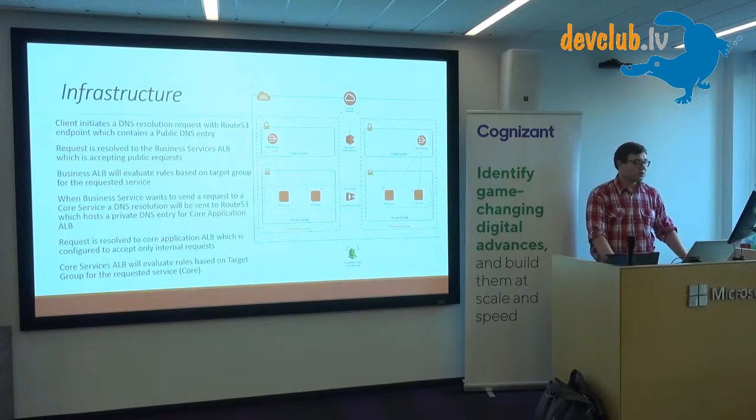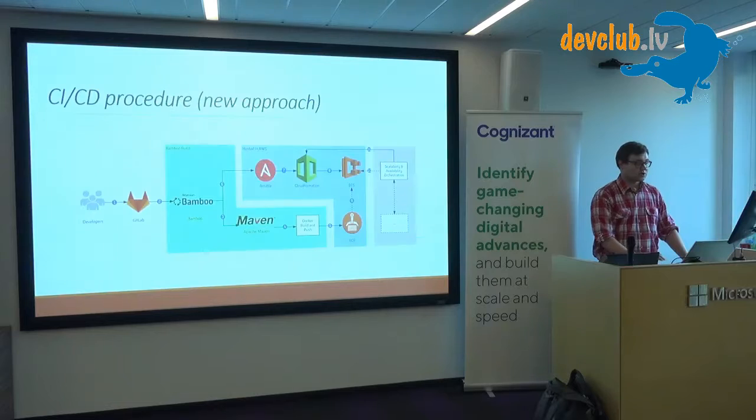When a business service wanted to call any core service, it went out through the NAT gateway to another load balancer. It was quite a nice infrastructure. We changed the deployment approach: we used just Bamboo, Maven, ECR, and Ansible for configuration management.